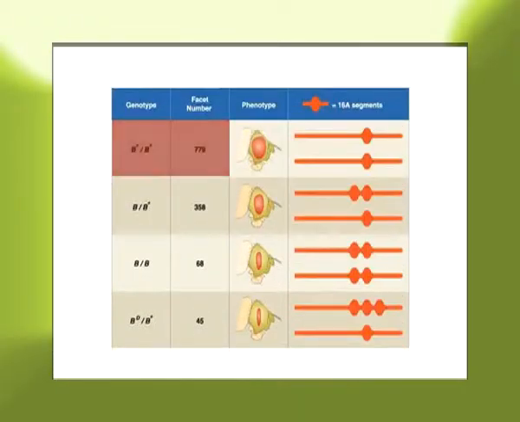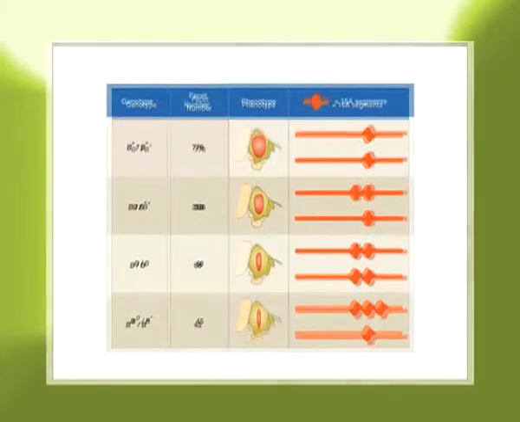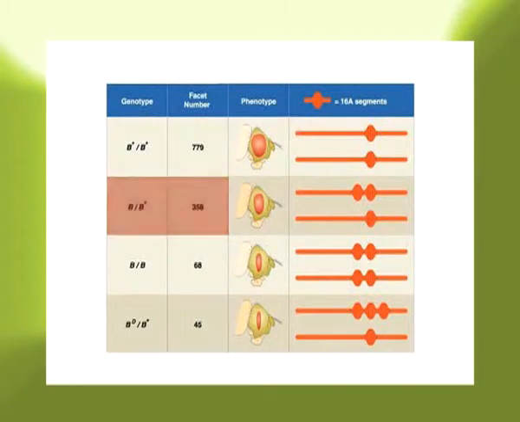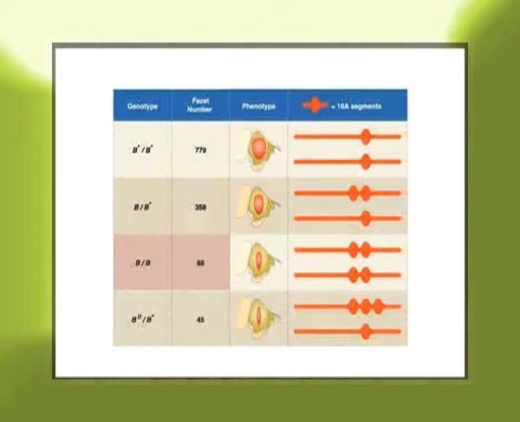These investigators illustrated that normal wild females have about 800 facets in each eye. Heterozygous females have about 350 facets, while homozygous females average only about 68 facets.